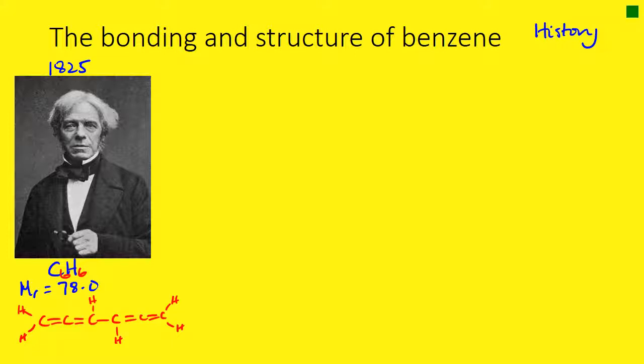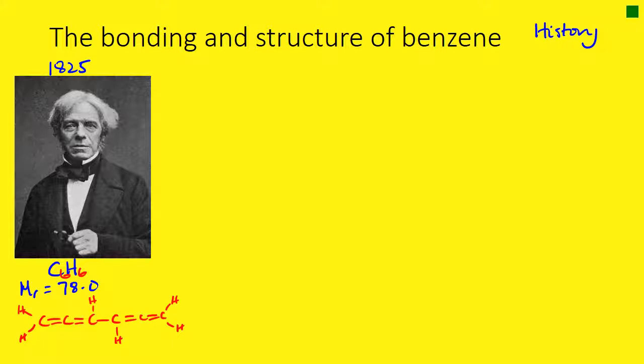It would have a kink in it around that single bond, but I didn't draw that. That was the structure that they worked with. If you count that, you've got 6 hydrogens and 6 carbons. Lots of double bonds, and double bonds are very reactive, so it would be prone to addition reactions. But that's not what they found when they did experiments. It wasn't reactive, and it didn't do addition reactions.